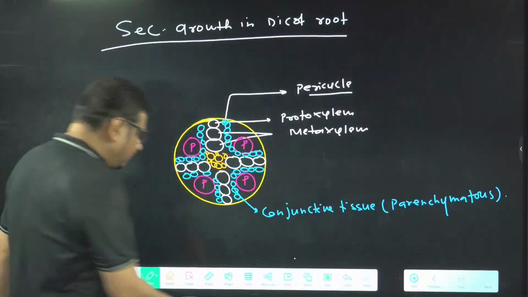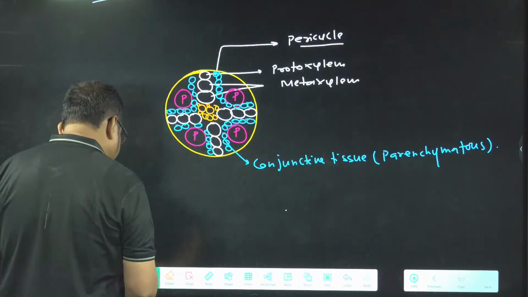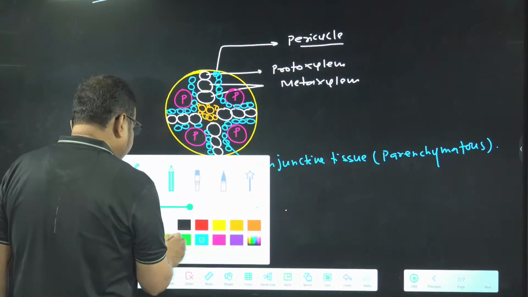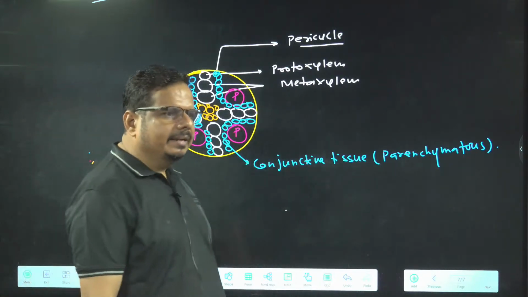Okay. Now have a look at what happened here. How does the formation of the cambium ring occur here? I am telling you.